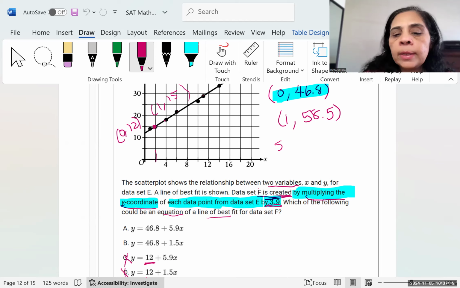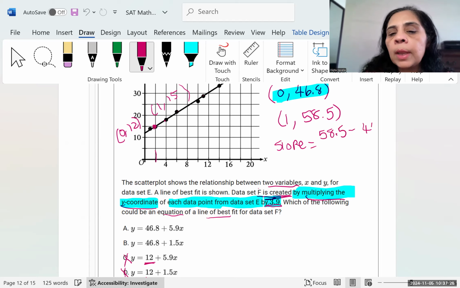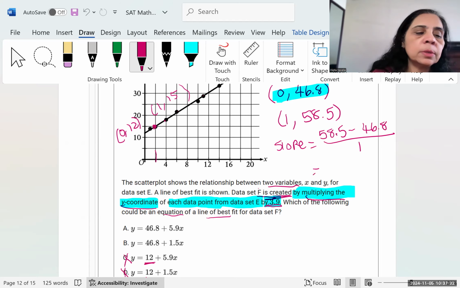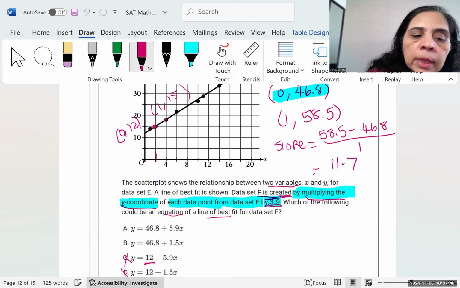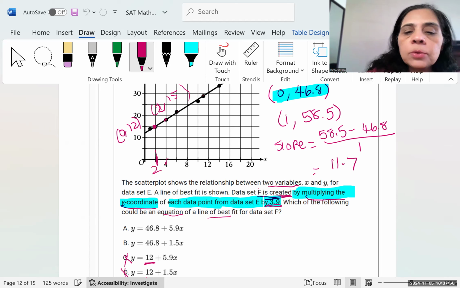So how we can find slope is y2 minus y1 over x2 minus x1. So we can do 58.5 minus 46.8 over 1 minus 0, which is 1. So simply we subtract 58.5 minus 46.8, which is 11.7. Sorry, this point is 2, not 1, because see, here is 4, so its half is 2.